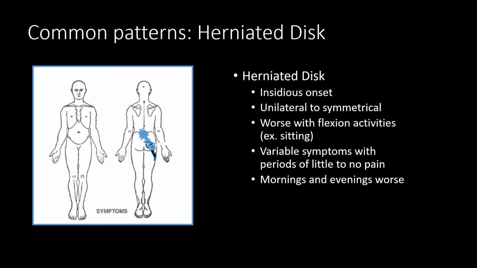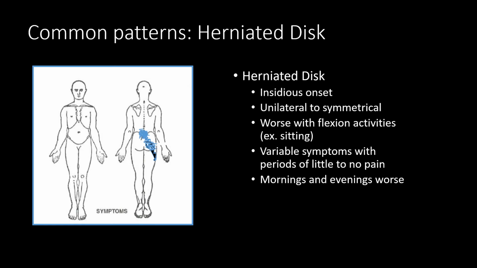And I think it's important to go back to your history and try and identify what that is, or when that happens. And I think what you'll find again is that the symptoms are relatively variable because at different points of the day there are less flexion forces going through the spine. And at the points in the day where you see more flexion activity, that's where the symptoms are likely going to increase.